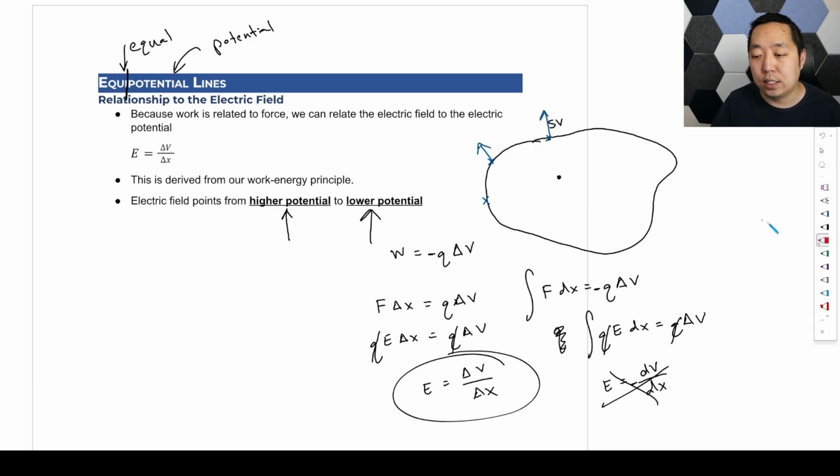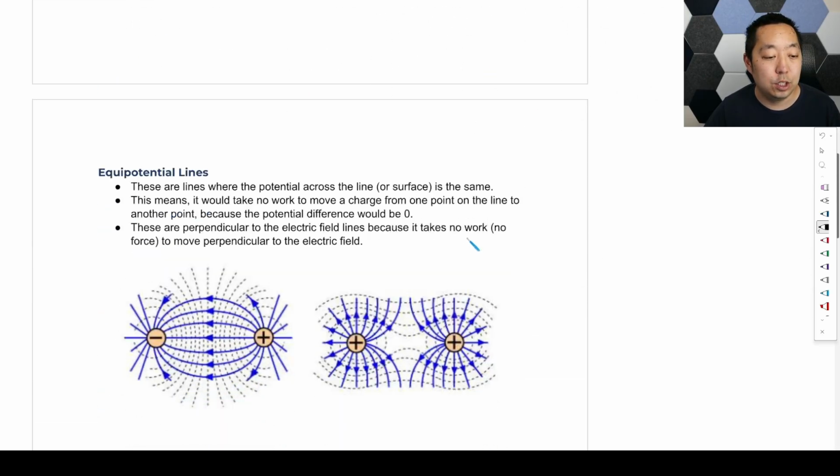If you move along this line, your displacement is perpendicular to the electric field, so there's no work being done by the electric field, because you need a parallel component. So the electric field is perpendicular to the equipotential lines, and it points from higher potential to lower potential in general.